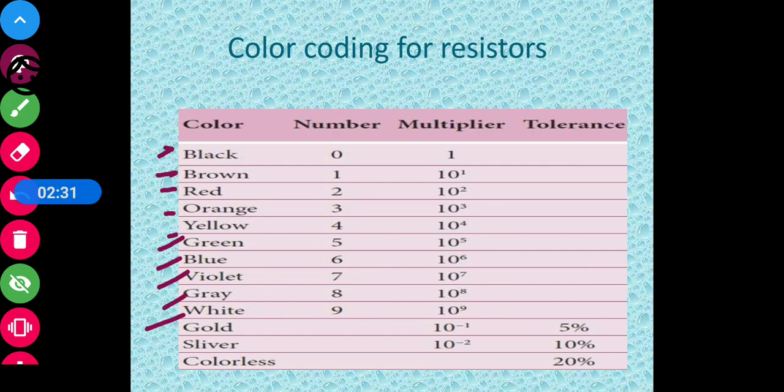So BB Roy of Great Britain had a Very Good Wife. Then gold, silver and colorless. By this simple sentence you can learn the sequence and decode the color with their numbers.